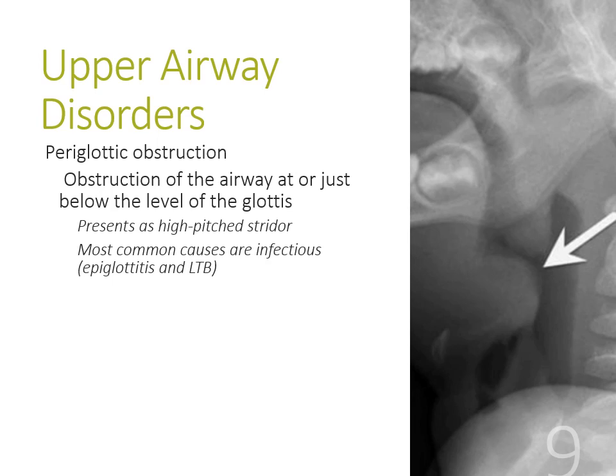That is one way you can tell the difference between epiglottitis and croup. Croup has steeple sign, which I'll show you a picture of in just a minute. The obstruction for paraglottic obstruction is below the level of the glottis and can completely block the airway.